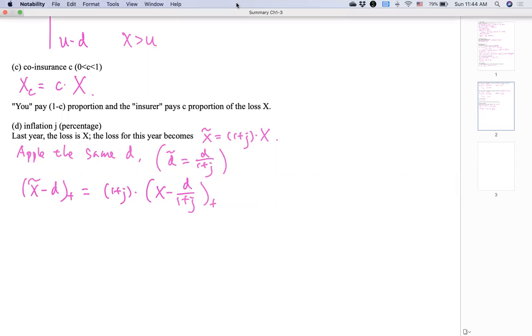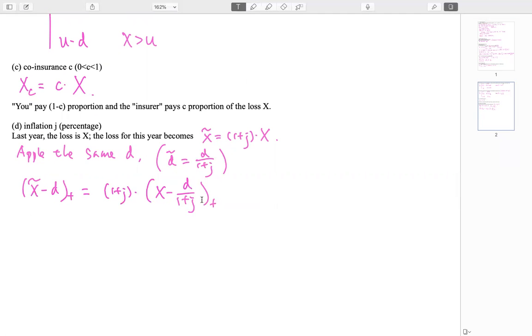And then comes the main point for today's review, chapter 3, aggregate loss, and we use S. Again, it can be the aggregate loss for a particular policy or for a group of policies.